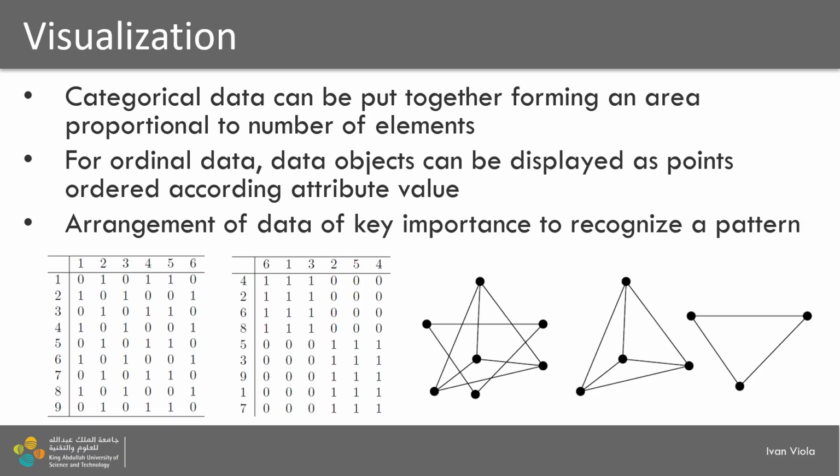But for ordinal data, data objects can be displayed as points ordered according to some attribute value. So we can, for example, have them stored along some axis, and this data can then be placed on this axis in its right order.